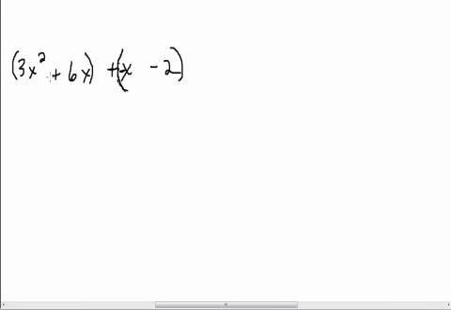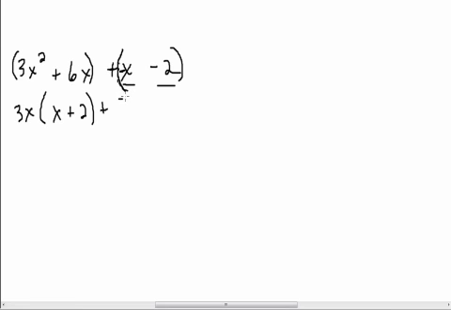Okay, now let's see what's common. 3x squared and 6x, I can take out a 3x, and when I do that, I'm left with x plus 2. Okay, now let's bring down that plus sign. Now let's consider this. I have a negative x minus 2. Okay, what's common? Well, let's see.